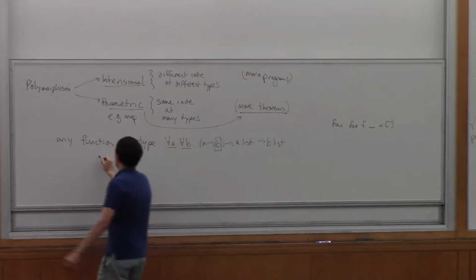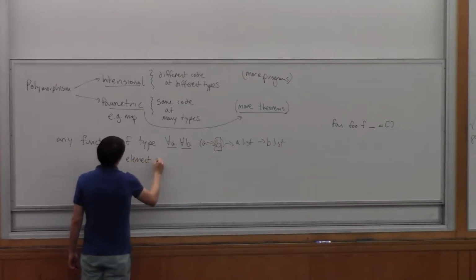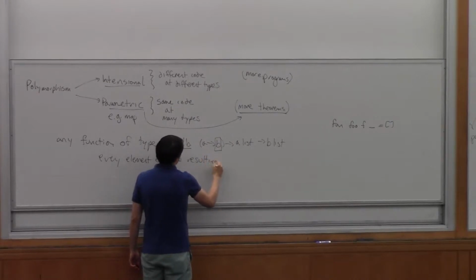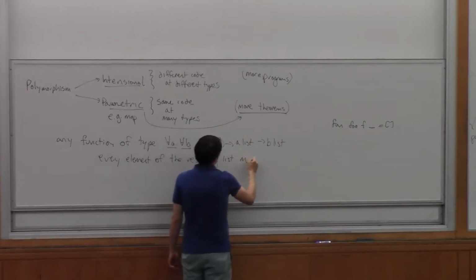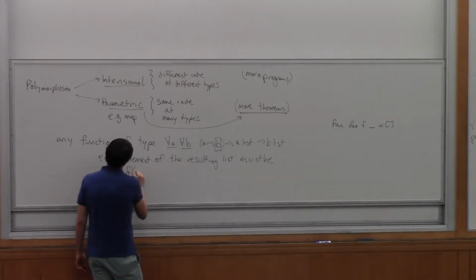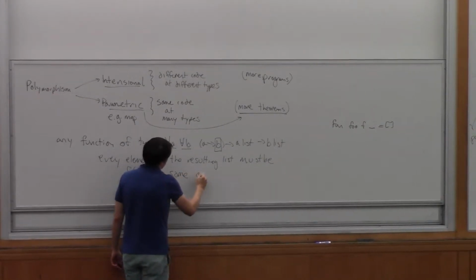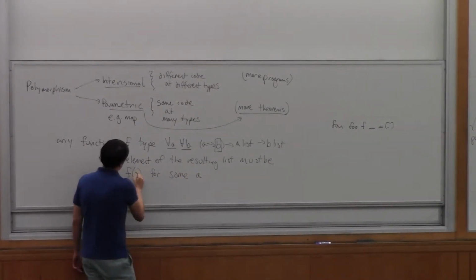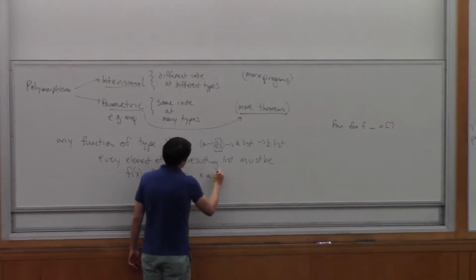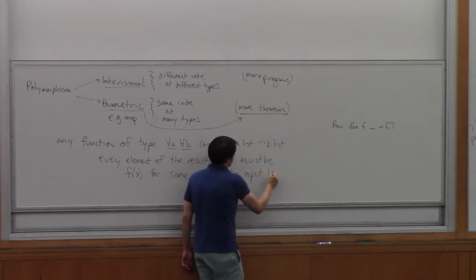Therefore, every element of the resulting list must be of the form f of x for some x colon A in the input list.